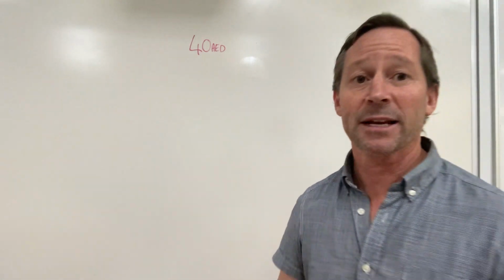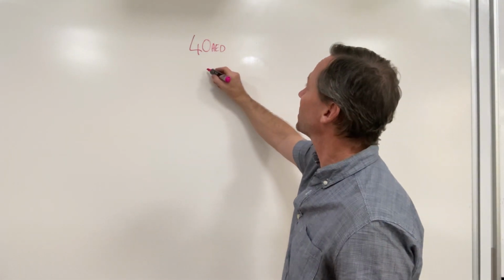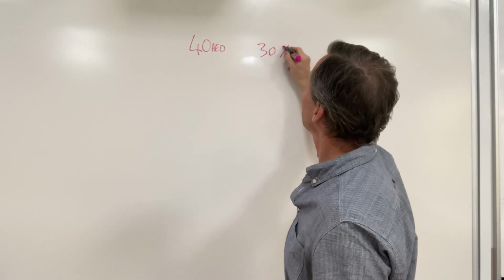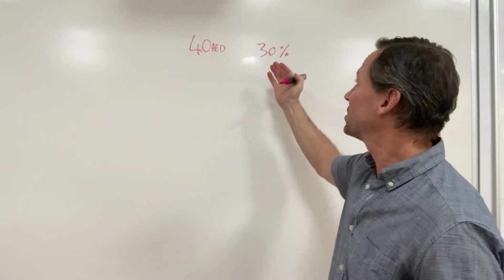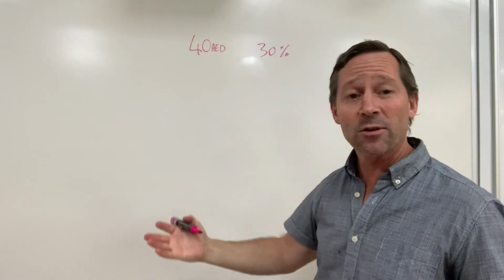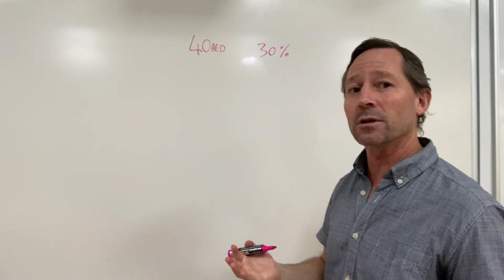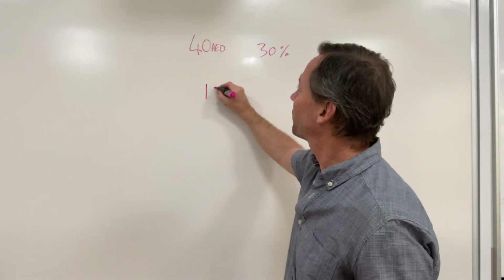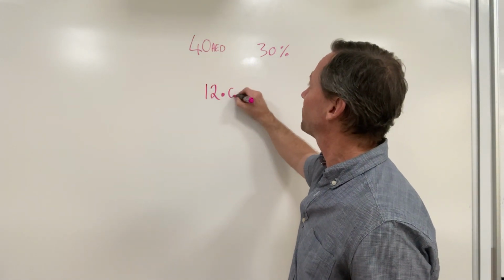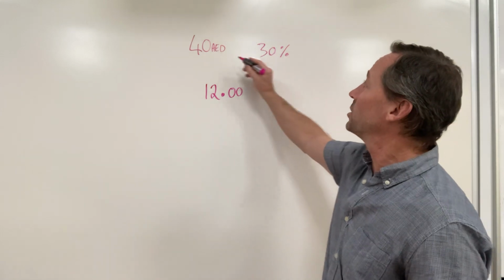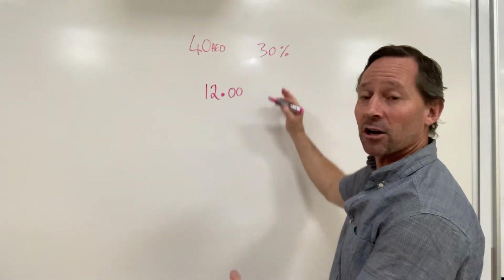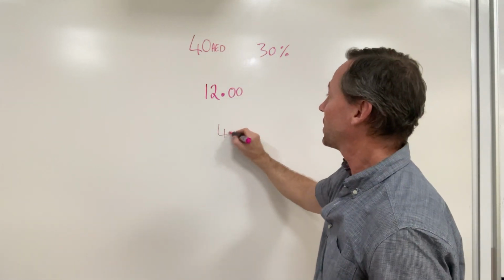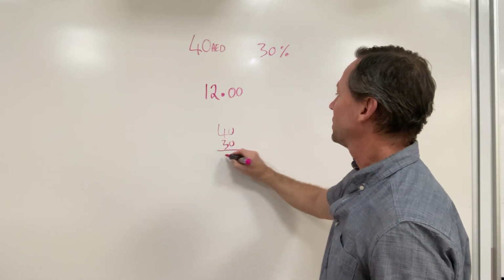Now, if you know your multiplication, you could just think my savings is 30%. You could just do 30 times 40. You may not know that, but you know 3 times 4. 3 times 4 is 12. And I can put my decimal point, because there are the 2 zeros.